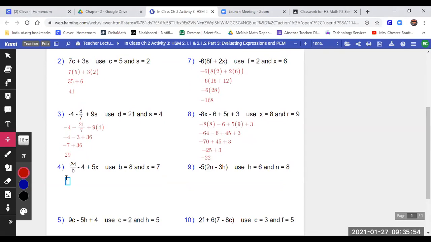I'm supposed to first write the 24 over the 8. Yes. Then we arrow off and write what? Negative 4 plus 5 parentheses what? 7. Close it. So we've got everything stuck in its spot.